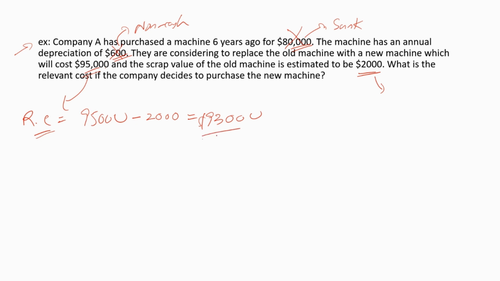This is a relevant cost. That is why we do not use the negative sign or parentheses. Cost implies that this is already a negative value. We use a negative value here because this is not a cash outflow. This is a cash inflow, because this is a relevant cash inflow.